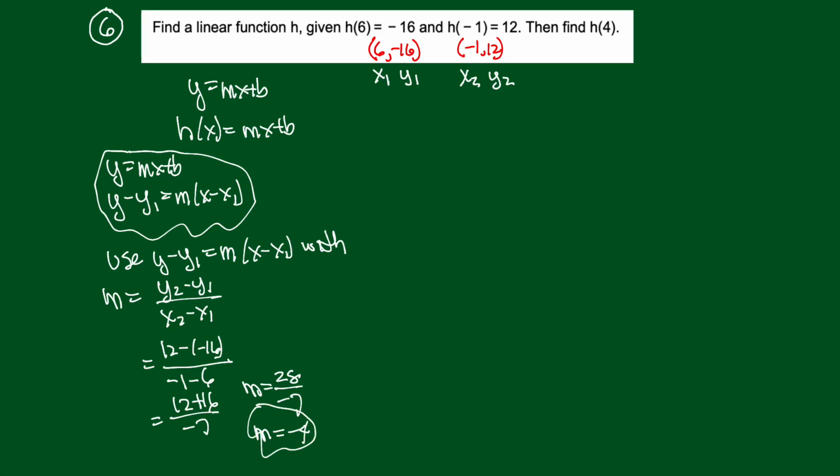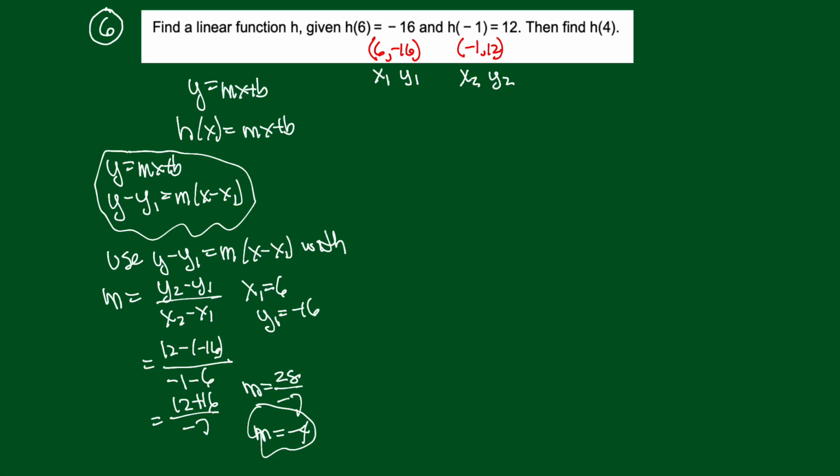Now, let's substitute into our form. I'm going to substitute into this form right here. I've got a y1, I've got m, and I've got x1. Here's the y1, here's the x1, and we just computed m. I'm going to complete this sentence here: I said, use y minus y1 equals m times x minus x1 with m equal to this number and x1 equal to 6, y1 equal to -16.